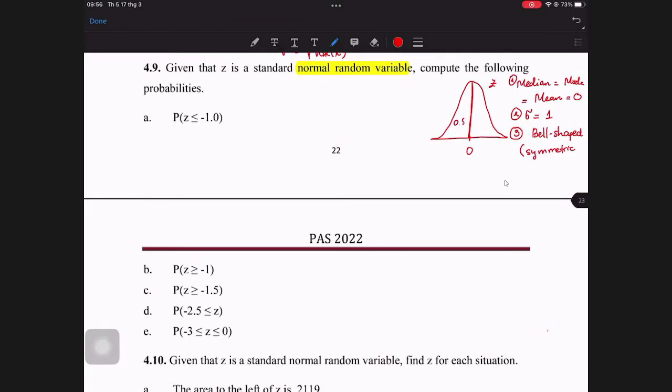So we have 0.5 here, 0.5 here, because the whole area here is 1. All right, so those are some of the ideas about the standard normal distribution.